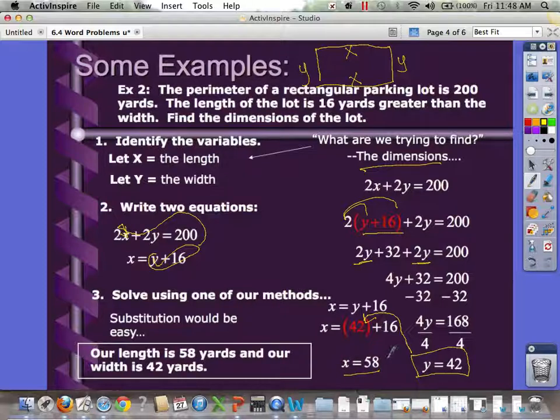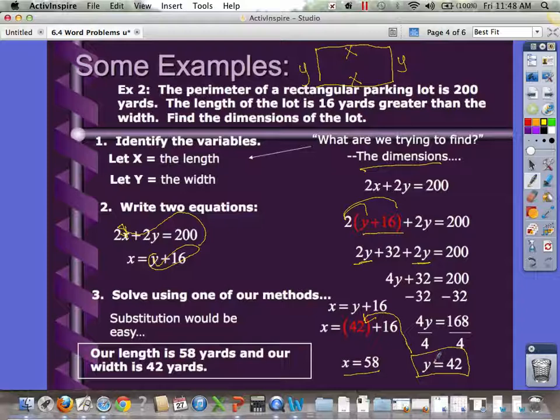So that means that if x is the length, that is 58, and then the width is going to be 42.